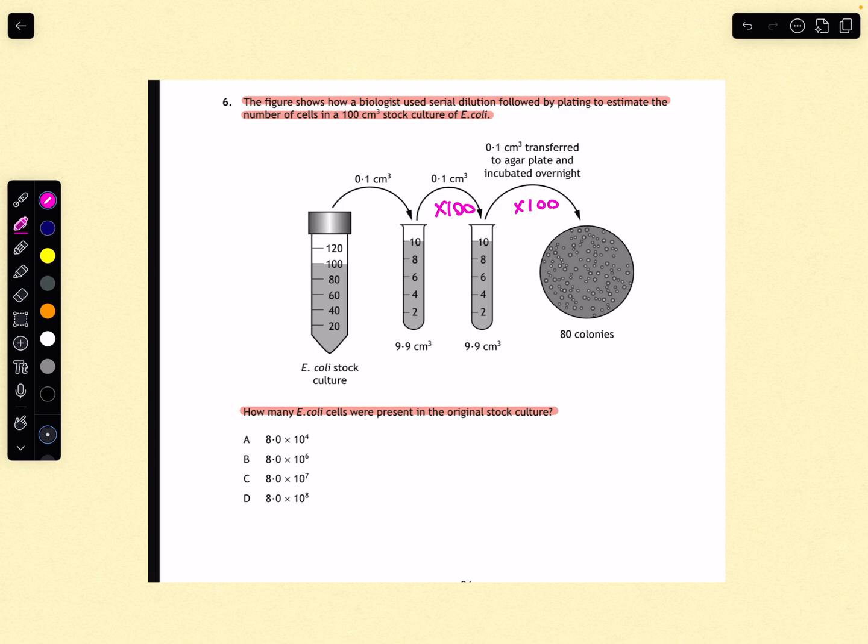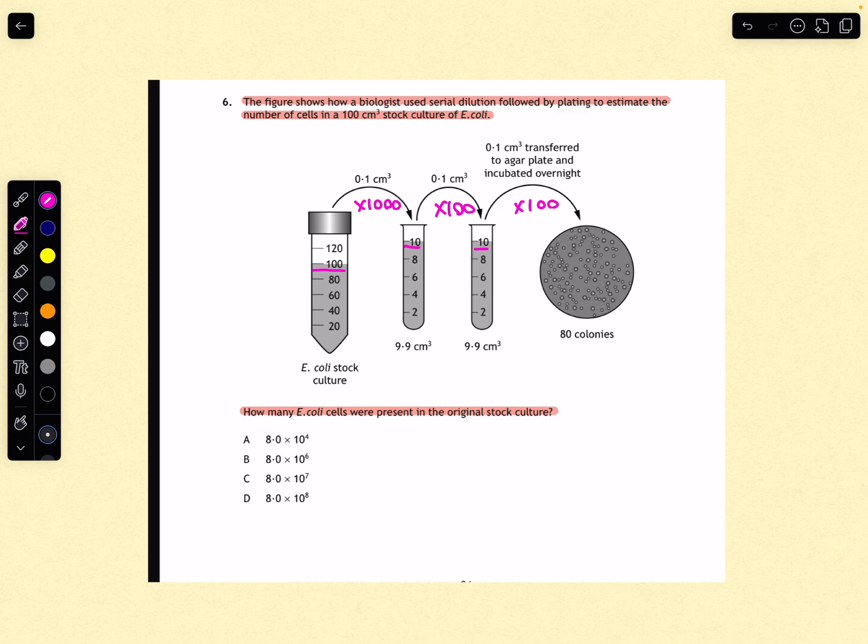But remember, this time it's 0.1 centimetres cubed, and you're making it up to 100, not 10. So how many times does 0.1 centimetres cubed go in to make up 100? That means we're going to need to times this by 1,000.